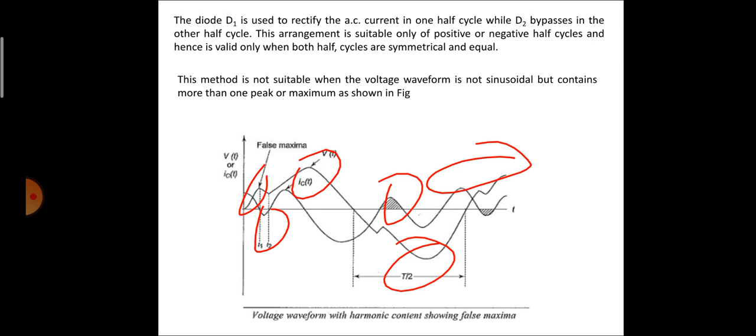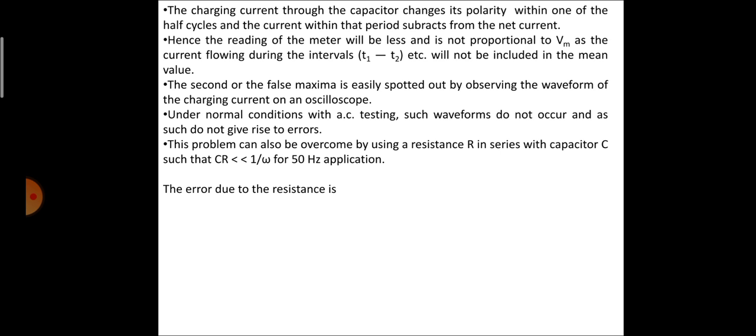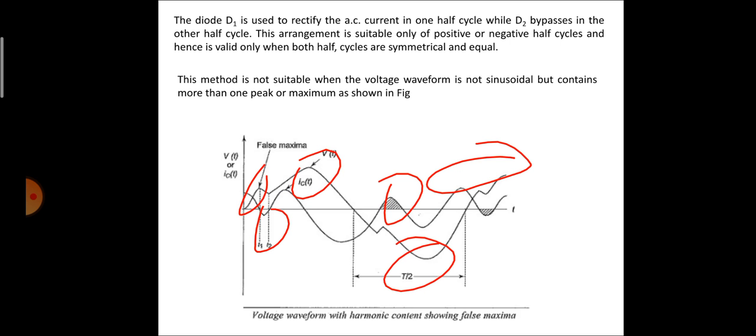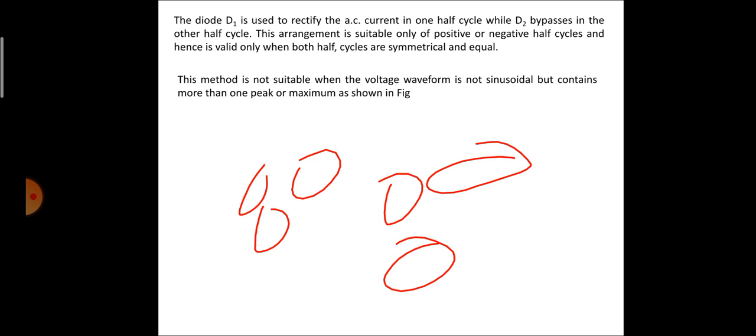Now the charging current through the capacitor changes its polarity within one half cycle itself. Here you can see the capacitor.